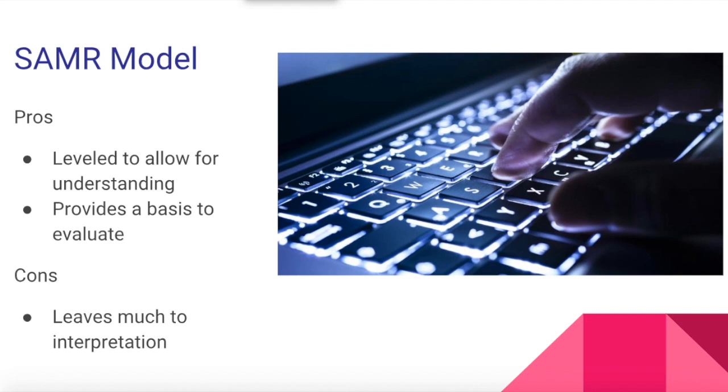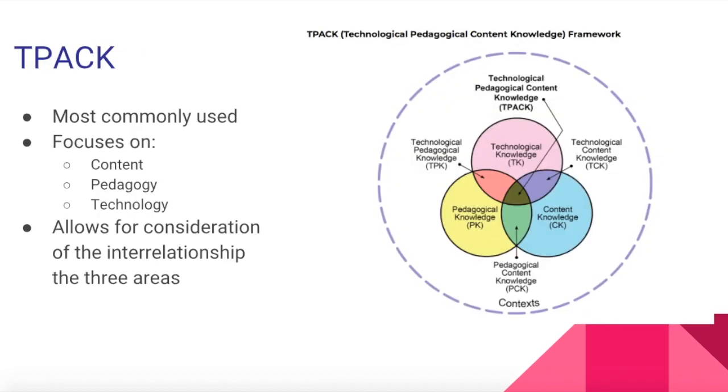The pros to this model are that it provides levels to allow for understanding and provides a basis for you to evaluate, as the teacher, how you're using the technology. One might argue that the activities leave much for interpretation, so there could be a misunderstanding at what level the teacher is within the model.